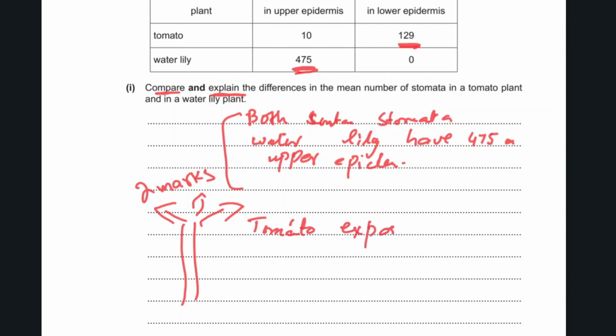When it is exposed to light, it needs to reduce transpiration. To reduce transpiration, it has fewer stomata on the upper surface and more stomata on the lower surface.